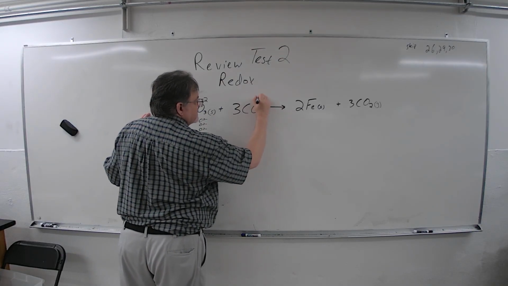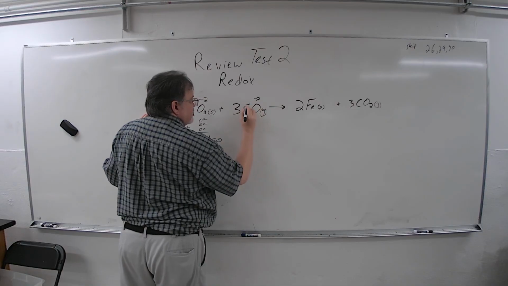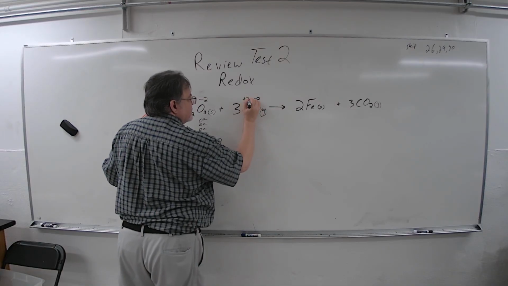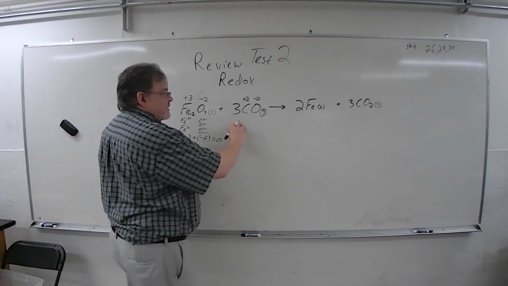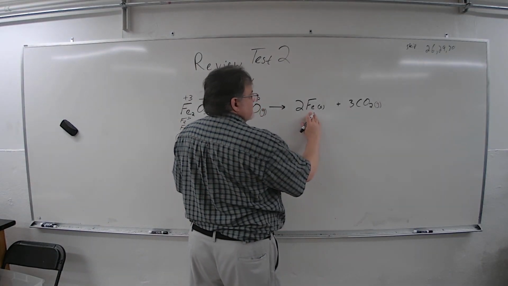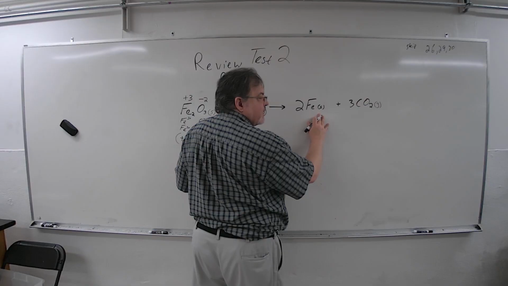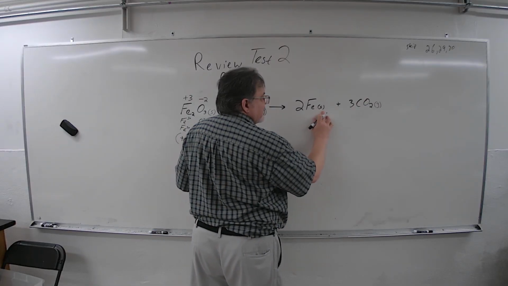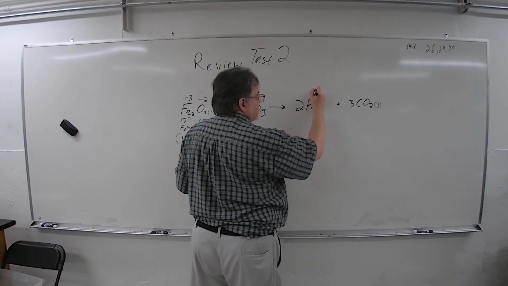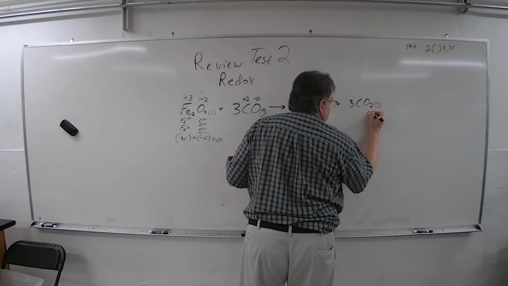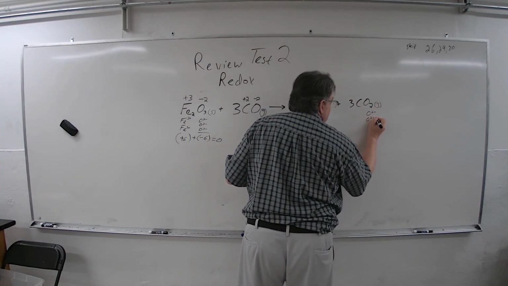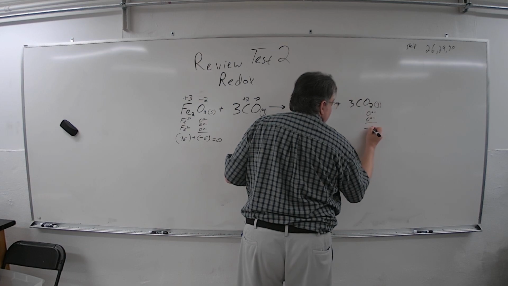If oxygen is 2 negative, then the carbon has to be +2. You with me there? Oxidation state on carbon. What's the oxidation state on this iron? It's 0. If it's a solid, just a solid metal, then it's 0. Here we've got 2 carbons. There's a -4.